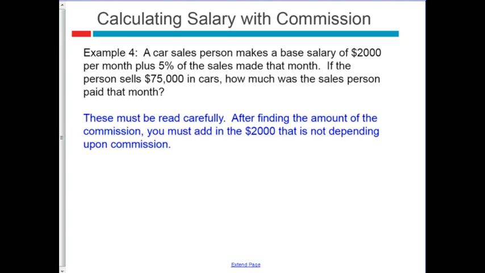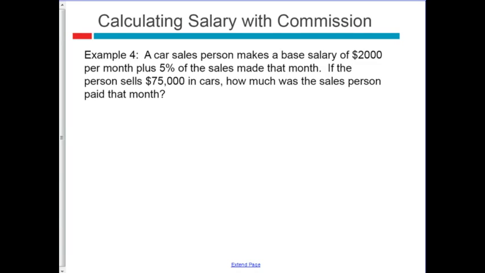If this car salesperson doesn't sell anything, they still make $2,000. And in order to get commission, you have to sell cars, and the amount of commission is based on the price, the total sales in cars you make. So the 5% goes with this, but not with the 2,000 in this problem. And that's mostly where students get tangled up in these.